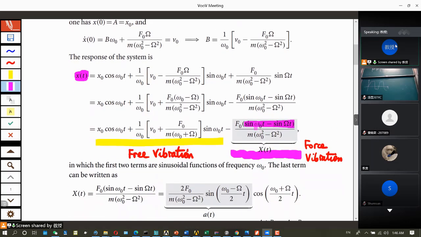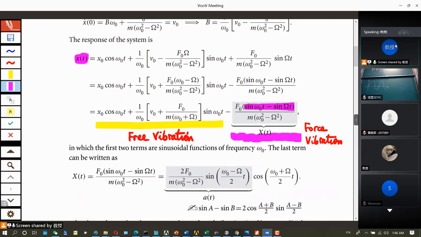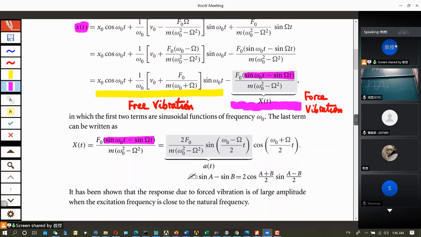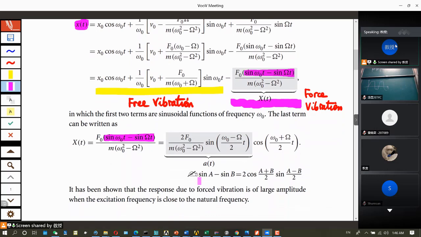Omega 0 is the natural frequency, big omega is the excitation frequency. So now we want to sketch this function. To sketch this function, we use a trig identity. Sine A minus sine B is 2 cosine (A plus B)/2 sine (A minus B)/2.